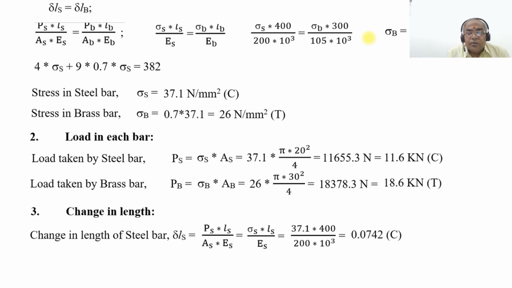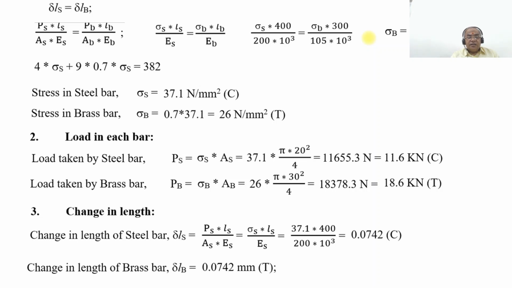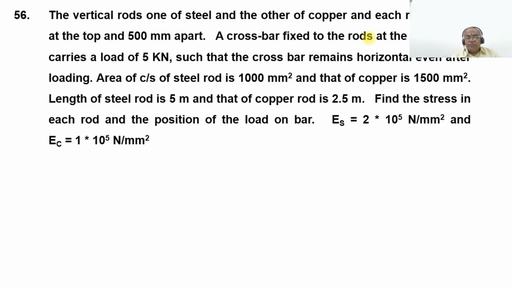On simplification, you are going to get 0.0742 mm in compression. Similarly, the change in the brass bar, delta LB: since delta LS is equal to delta LB, you are going to get the same value as the steel bar, 0.0742 mm tensile. That is the reason why. So this is how you will be able to solve this particular problem.